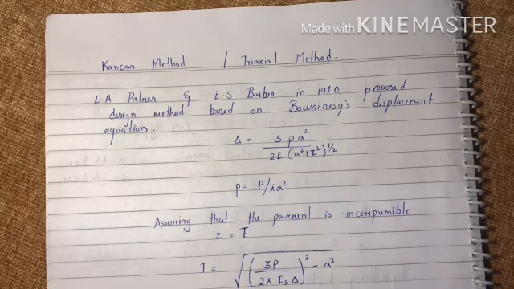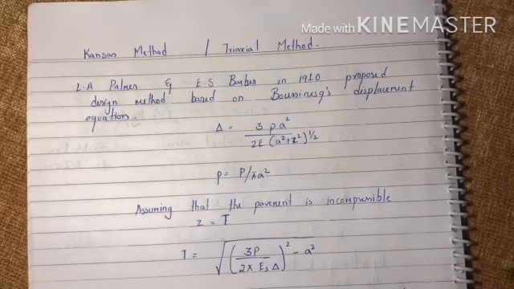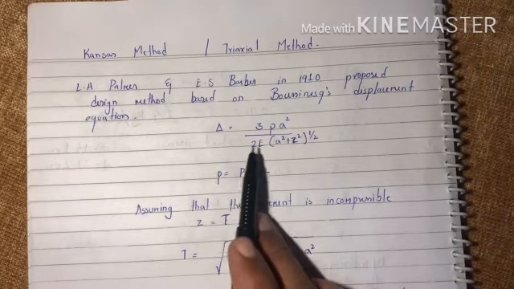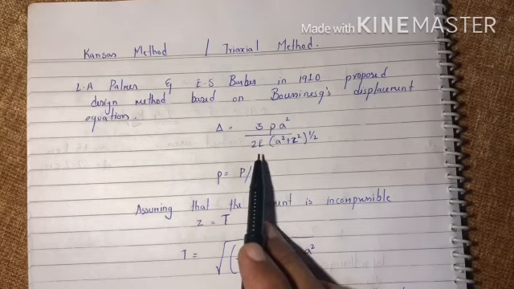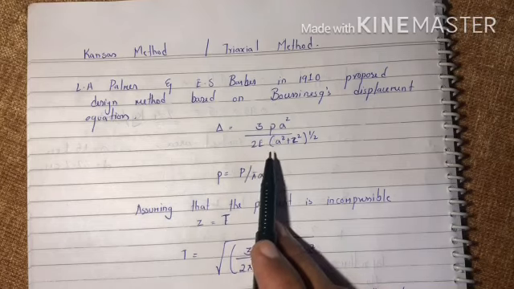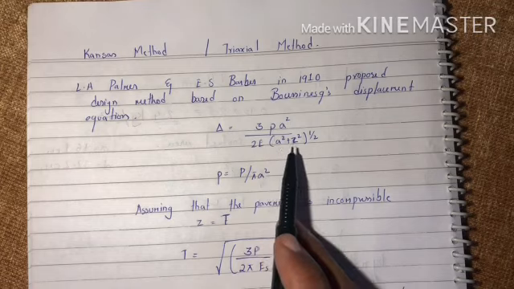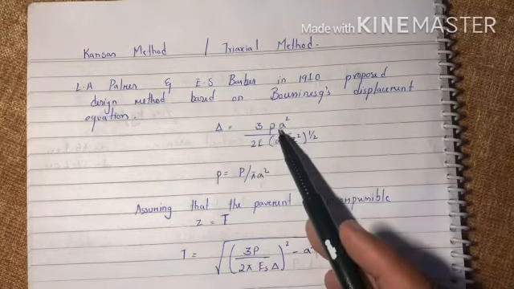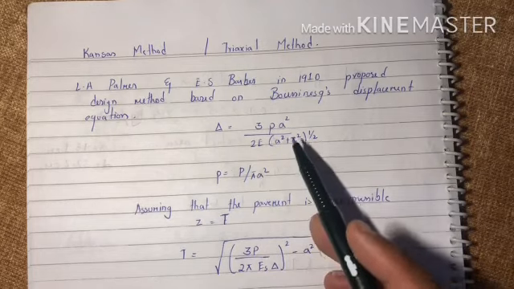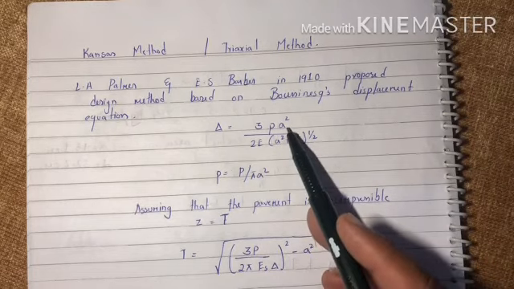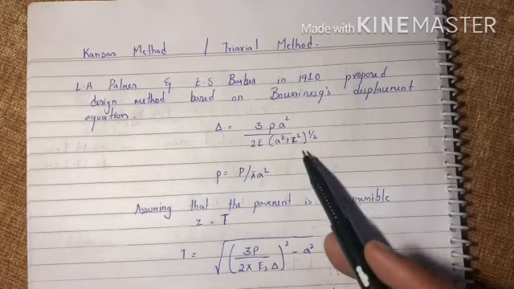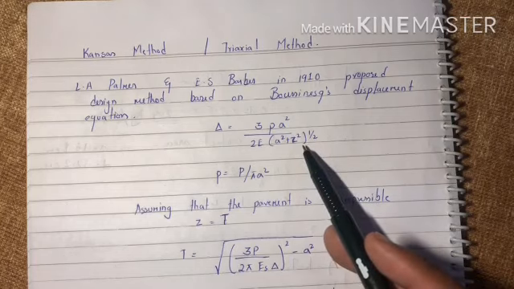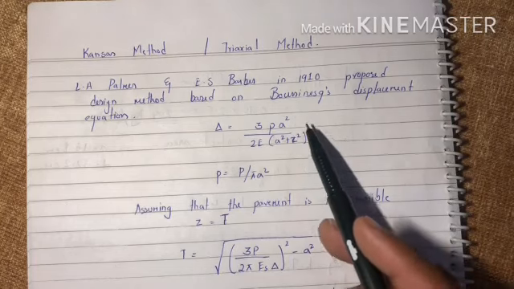displacement equation. Now, Boussinesq's displacement equation can be given by delta is equal to 3pa square divided by 2E into (a square plus z square) raised to 1 by 2. Here P is the pressure, a is the radius of contact, and z is the depth of the pavement.